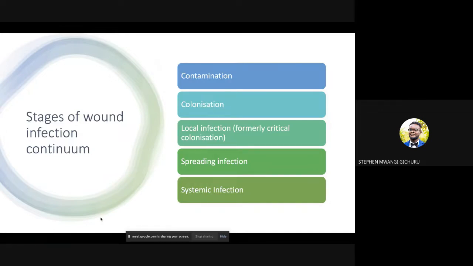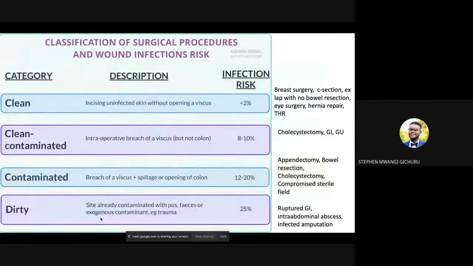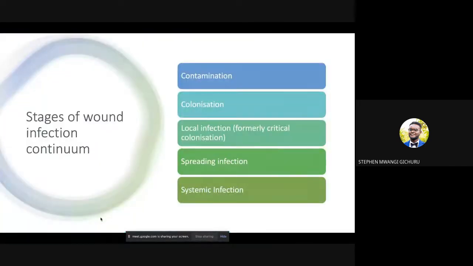But it's very rare. It happens especially if you do an internship in low income areas, you might see that a lot. A lot of people will think it's just a small infection, you don't need to do much, but it has progressed. It's good to look at this because when we're talking about the risks of infection for those wounds, these numbers determine the continuum and how you manage your patients.